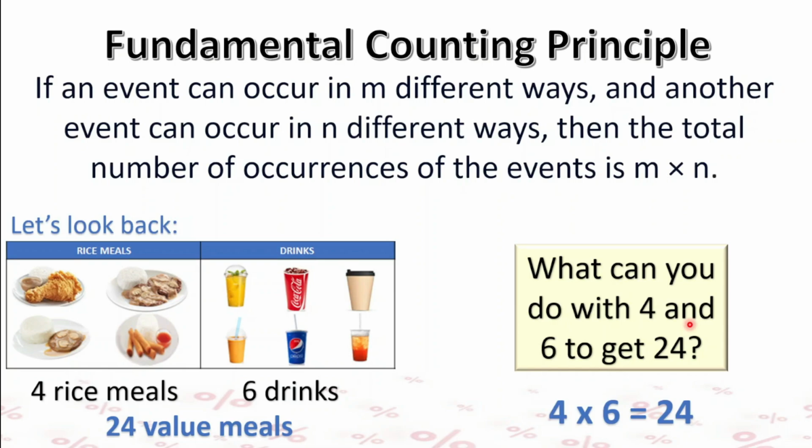Okay, now let us not make the mistake of automatically multiplying whenever we see numbers, because that's the usual error that students make. Instead, we have to ask ourselves this question: how many events are there? For this one, we have 2 events: the rice meals and the drinks.